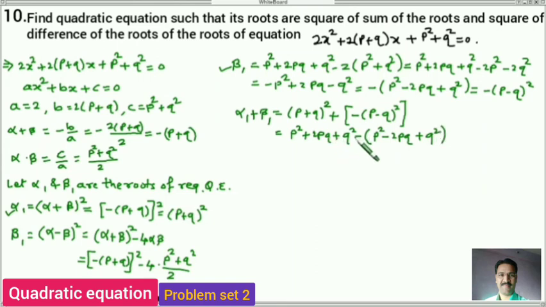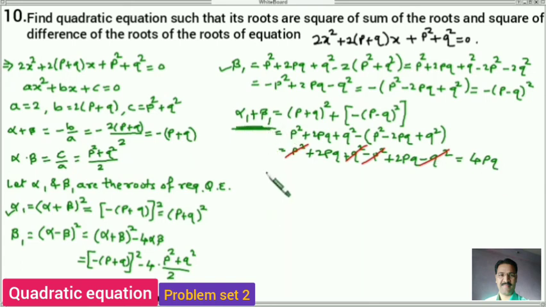In the next step, that is P square plus 2PQ plus Q square, sign change, minus P square plus 2PQ minus Q square. So here P square gets cancelled and Q square also gets cancelled. What remains is 4PQ. This is alpha 1 plus beta 1.